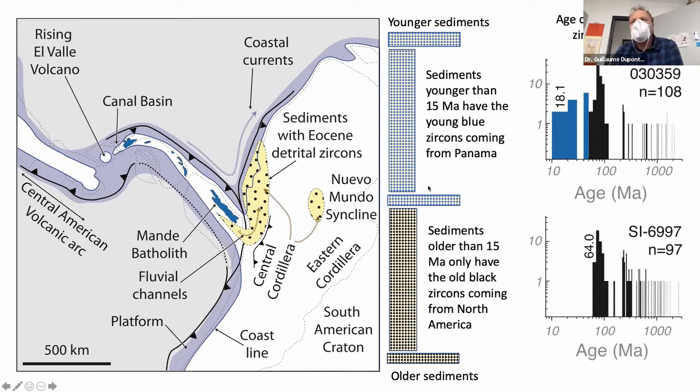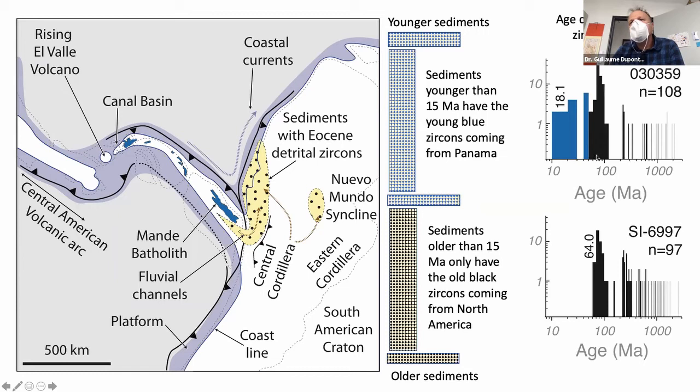So it's very simple. Technically, what happens is, here you have the age of the grain. This is one sample. They dated 108 grains, okay? And this is the age of these grains. Sometimes you have 1, 2, or up to 15 grains within an age bin.